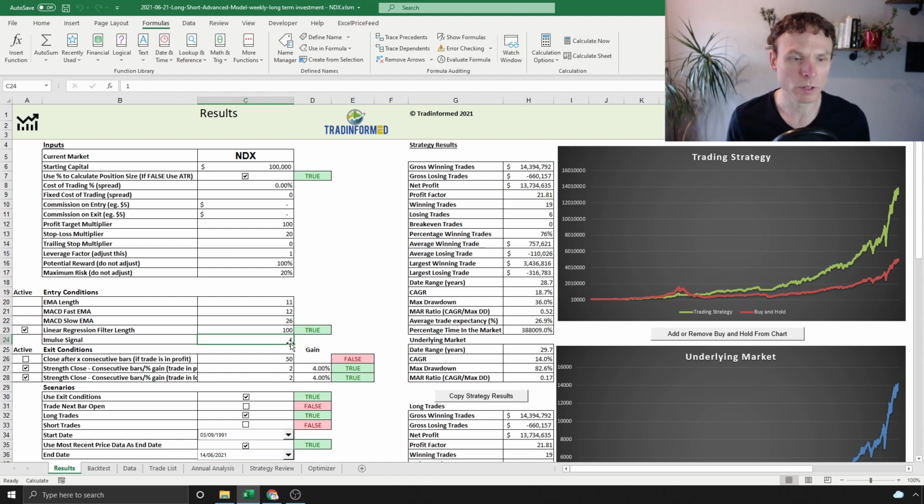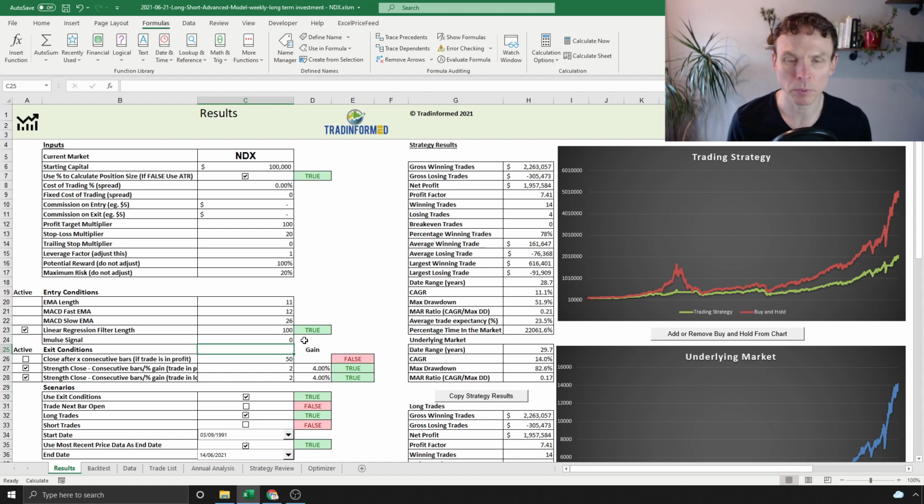So I'm using an impulse signal of 1, which means both indicators pointing upwards. That's what it would look like. Everything the same except no impulse, pointing in different directions. -1. That's what it would look like if we were using a negative impulse. So I'll switch it back.